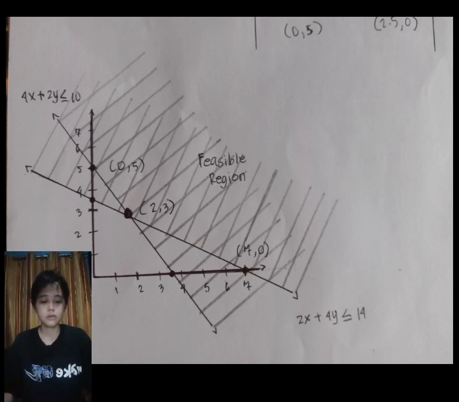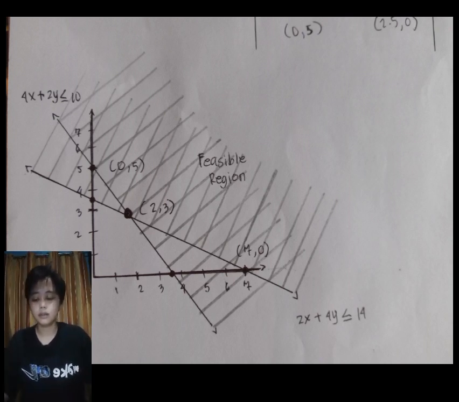Next, for the graph of number 1, please discuss. So we already have the coordinates, so we have to identify the location of the points on a graph.